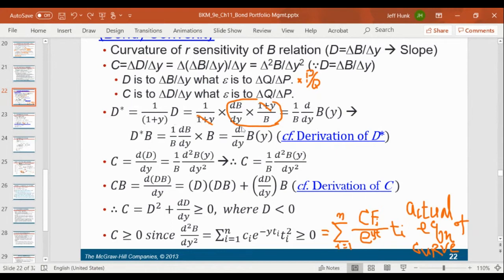And if I expand it, basically Macaulay duration is what? This is the definition of duration, just like elasticity, right?